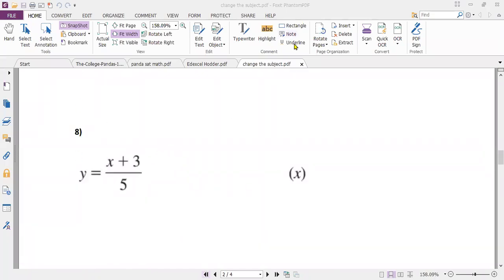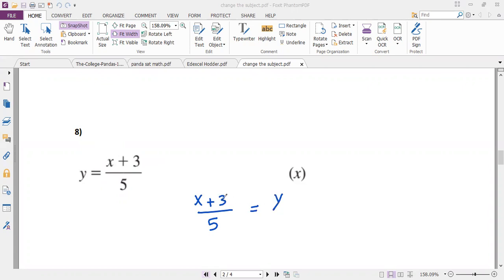And this one, I have y on one side, and on the right side, I have x plus 3 over 5. I want to make x the subject. So we can switch sides and write x plus 3 over 5 equals y. Okay?